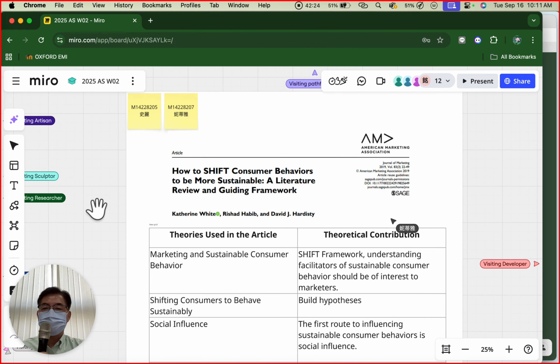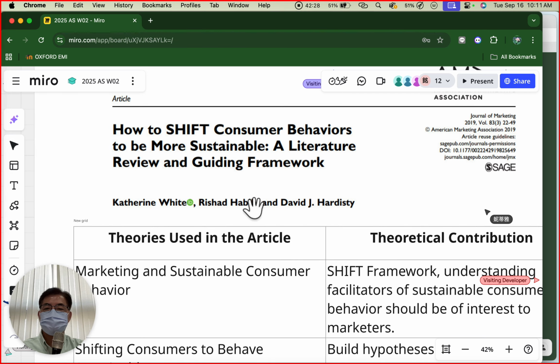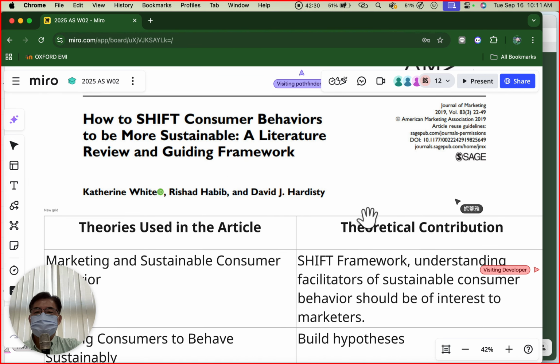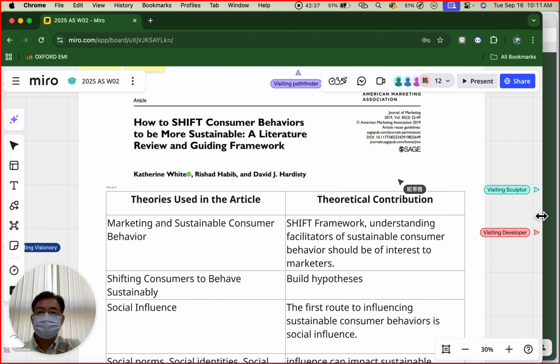We found this article from the Society journal, the journal that you read before. The title is How to Shift Consumer Behavior to More Sustainable. This one is a literature review and guiding framework.